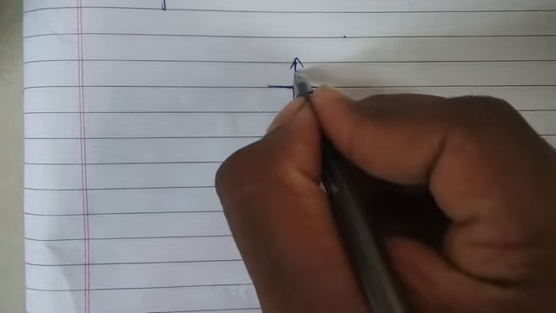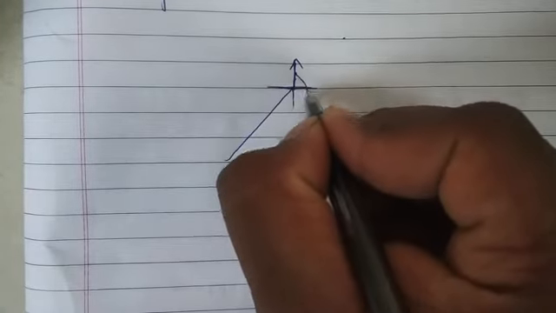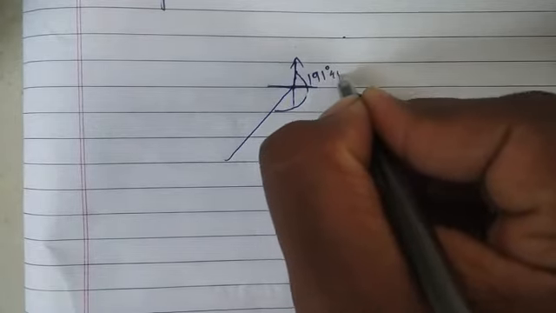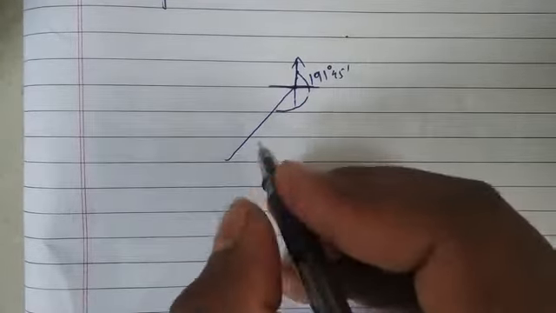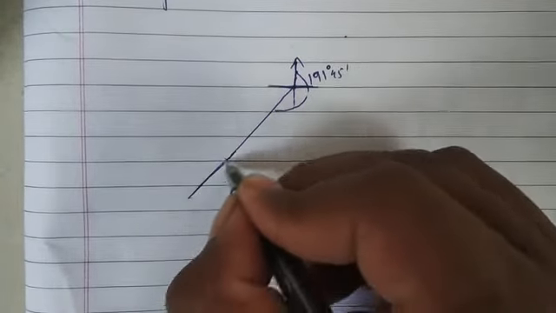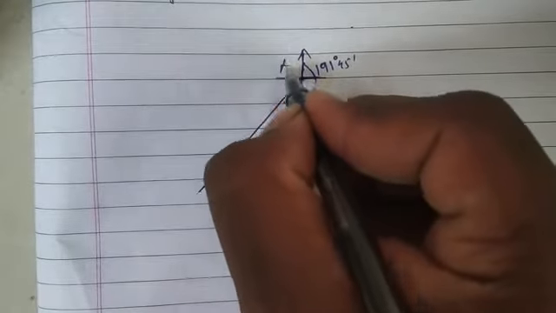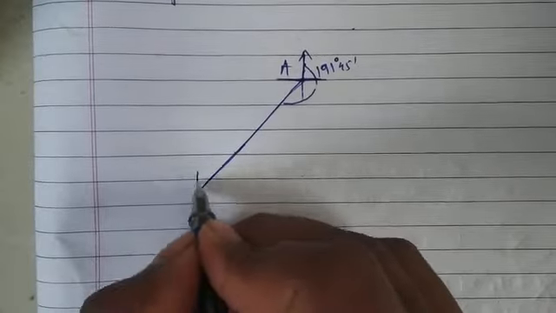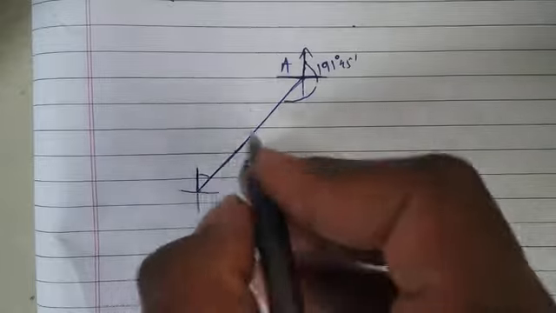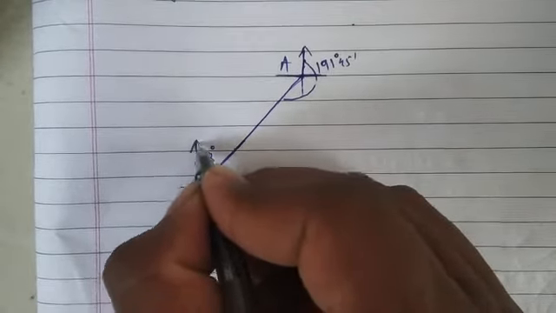So with respect to north, when you draw the line in the third quadrant, this bearing will be 191 degree 45 minutes. This is point A. Here at B, this line has a back bearing of 13 degree, again with respect to north.